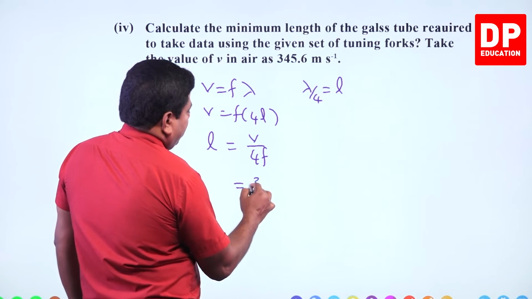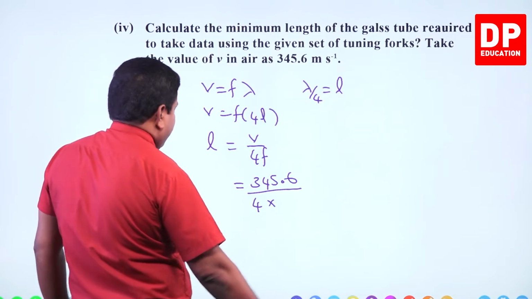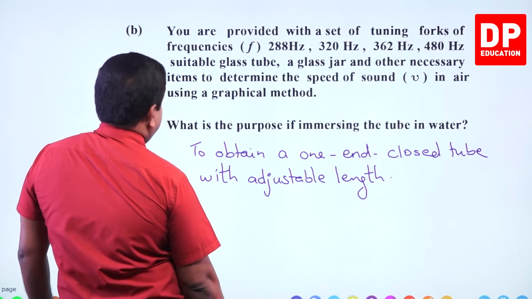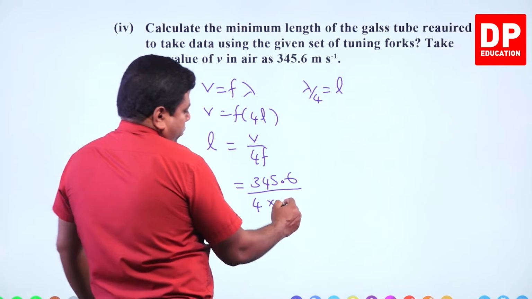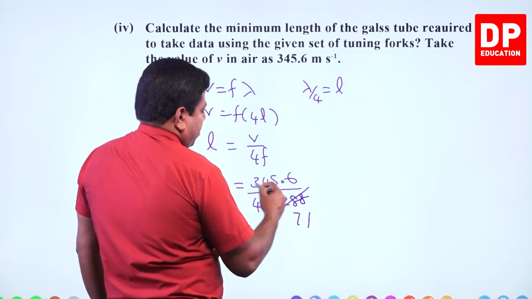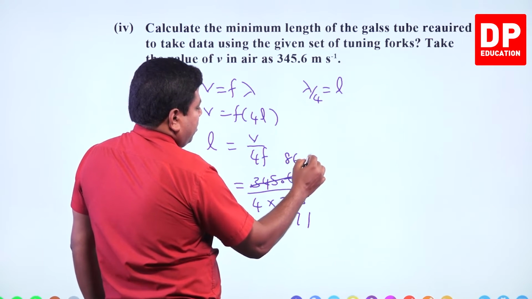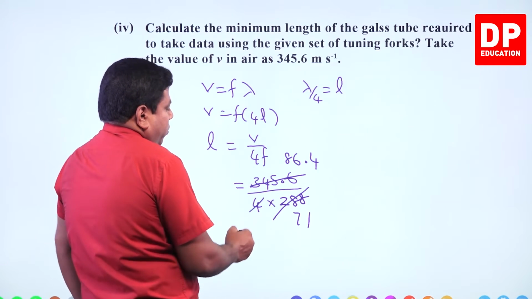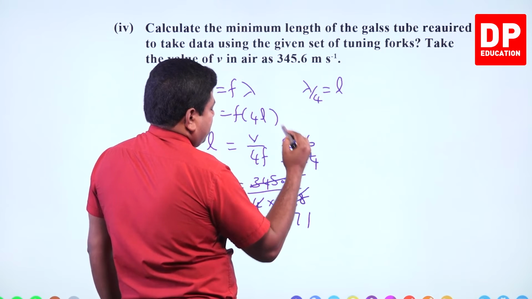V is 345.6. What's the lowest frequency they have given? 288 Hertz. 288. 345.6 divided by 288, then again we can cut by 4, 2, 1.6.